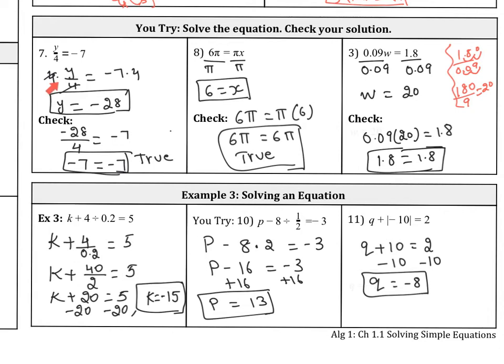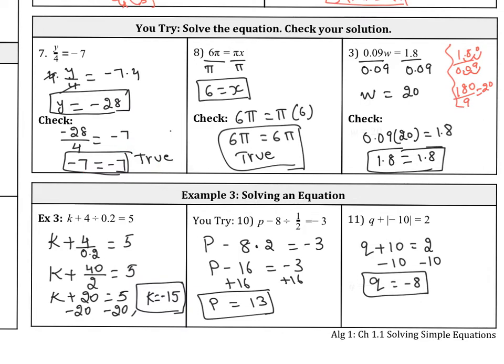You can cancel the 4 and 4, and you get y by itself. On the other side, you get -7 times 4, which is -28. To check that value, you use the given equation and plug in the y value and divide by 4. So -28 divided by 4 is -7, so it's true.